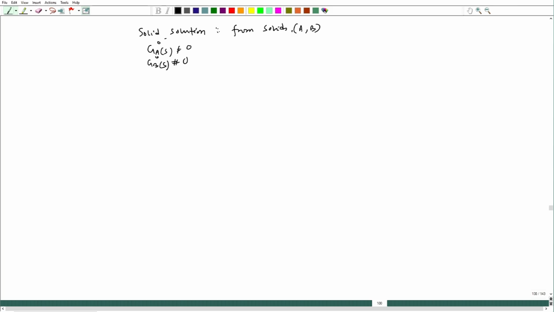Still, in that case we can find out what the partial molar quantities of A and B in the solution will be. So, now it will form a solid solution. So, I will just plot that.